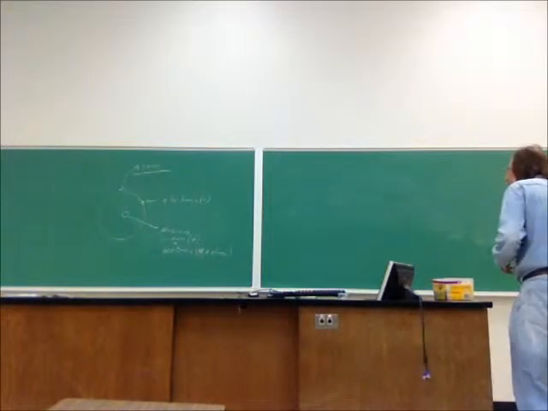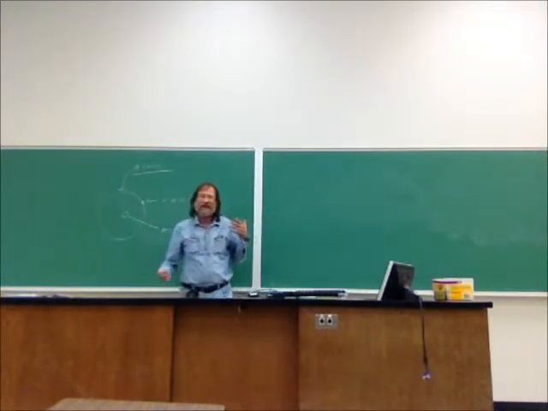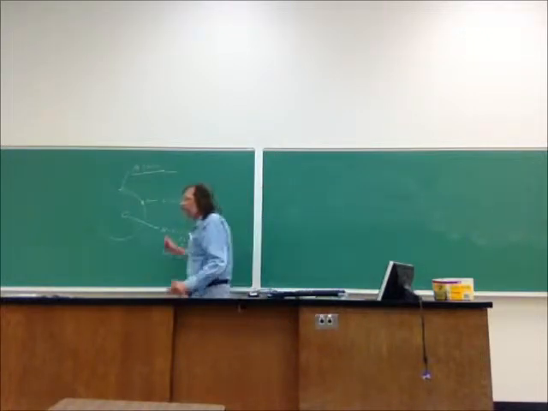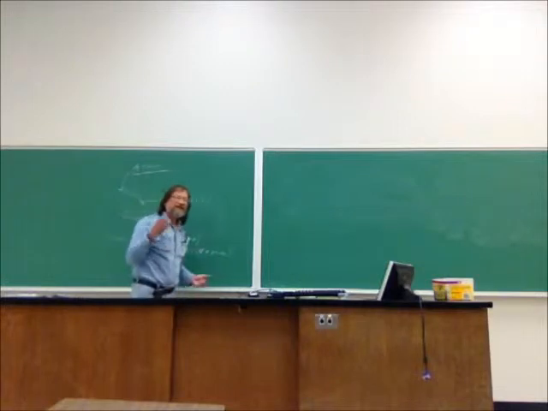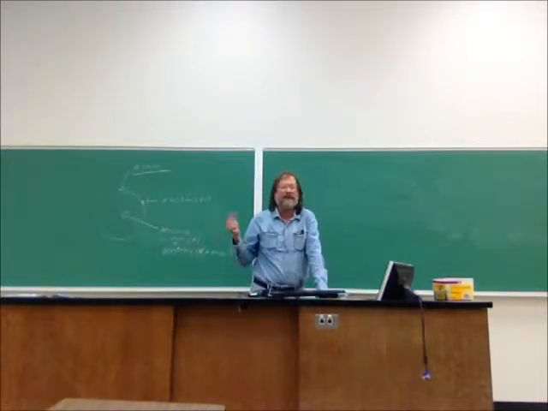When you look at the atom, the protons and neutrons are about the same size, about the same mass. But the electrons are much, much less massive. In fact, it takes almost 2,000 electrons to equal the mass of a single proton or neutron.